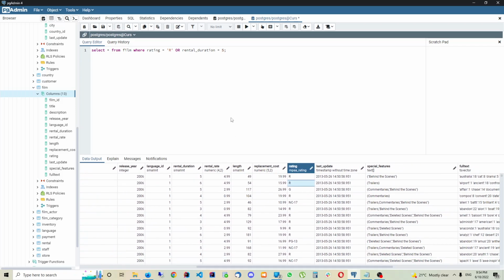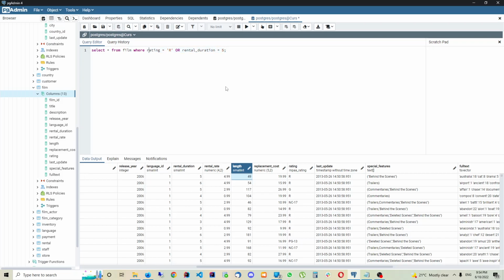Let's imagine that I want to have all the movies that have rating R and rental duration 5 and also rental rate 99, or all the movies that only have length 49. How can I achieve that? How can I get these conditions both be true or these conditions both be true? So I can have multiple complex conditions like so.